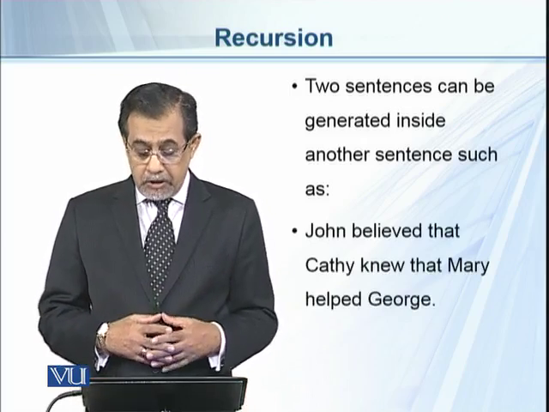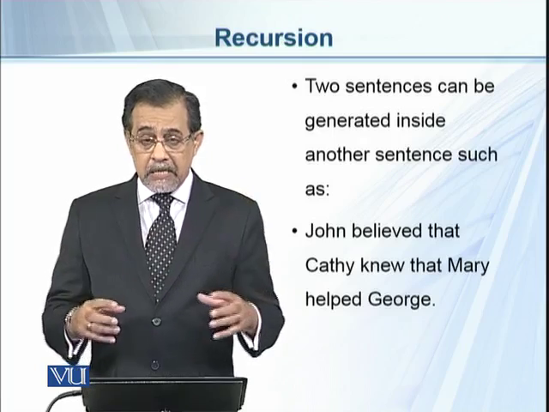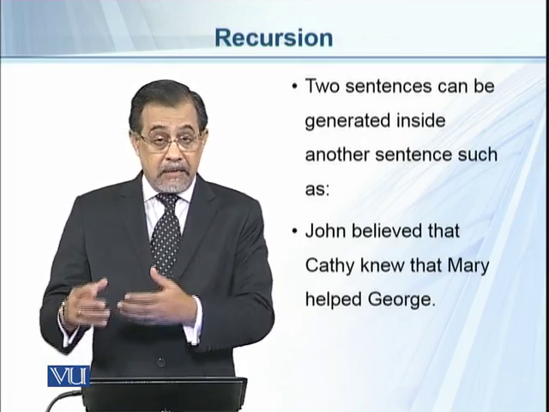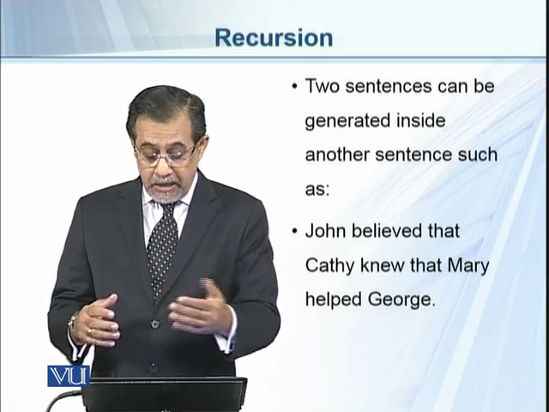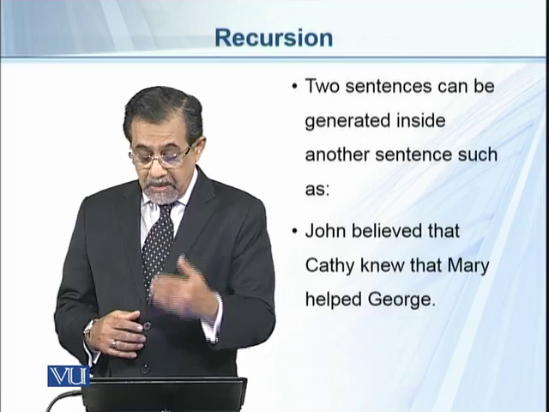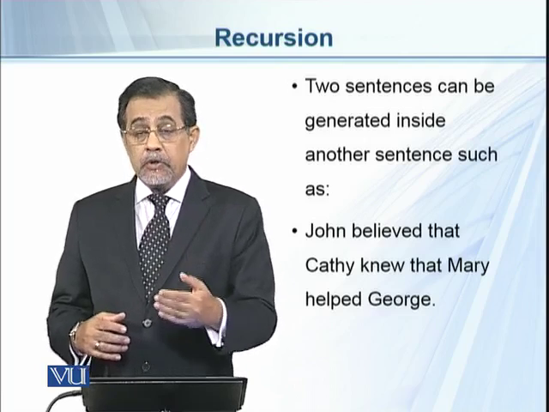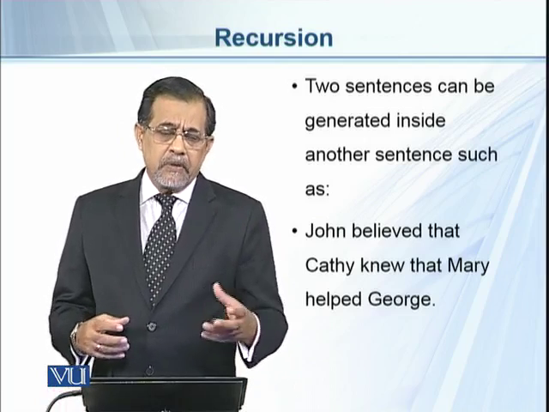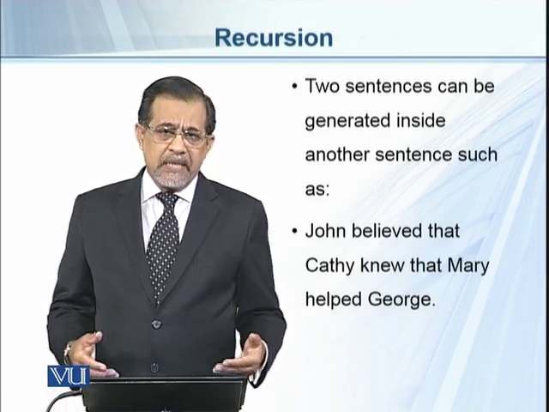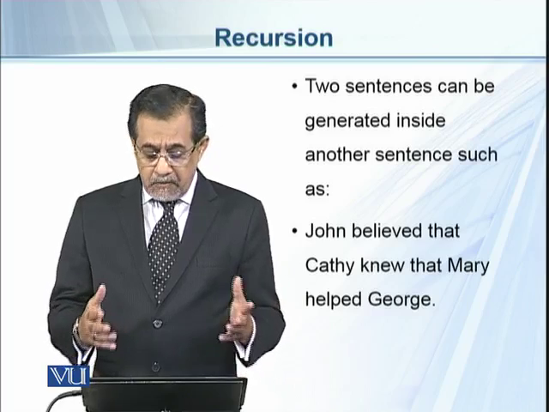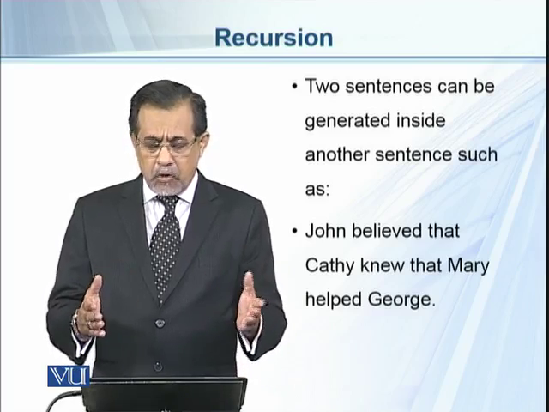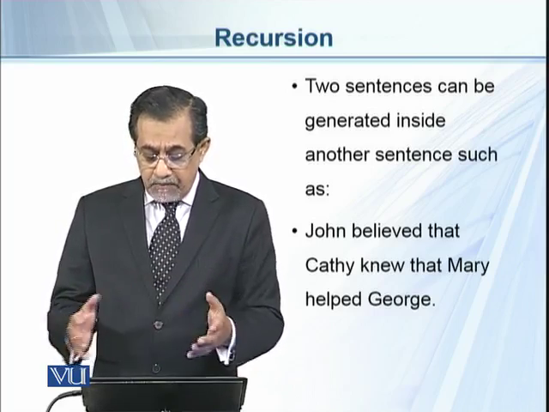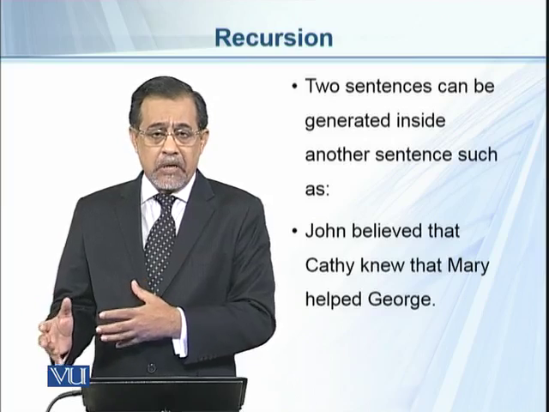So if you look at this, John believed, it is one sentence, but we have another sentence, that Kathy knew, added to the first sentence, and another sentence, that Mary helped George. Obviously, if we are talking in terms of traditional grammar, we take it as one sentence, and we say that John believed is the main clause, that Kathy knew is the subordinate clause, and that Mary helped George is the next subordinate clause.